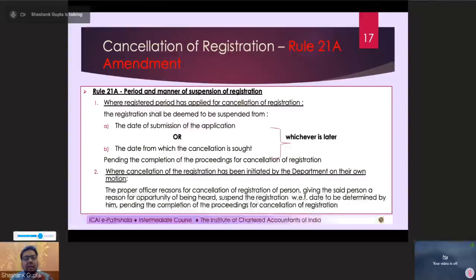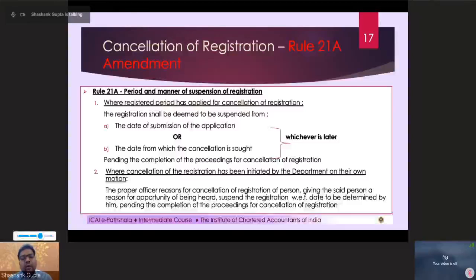Now suppose someone applies for cancellation on 1st of May 2020 and till 31st December 2020 the cancellation certificate is granted on 1st of January 2021.